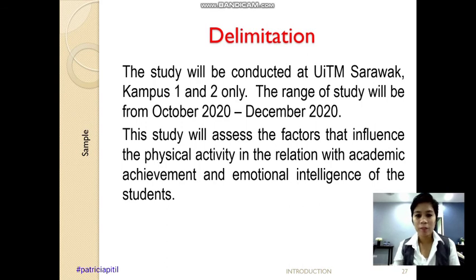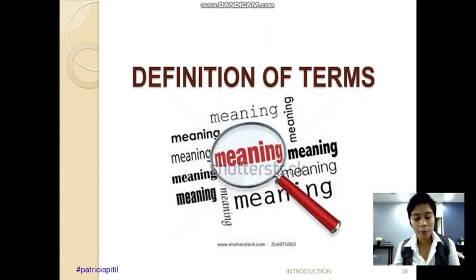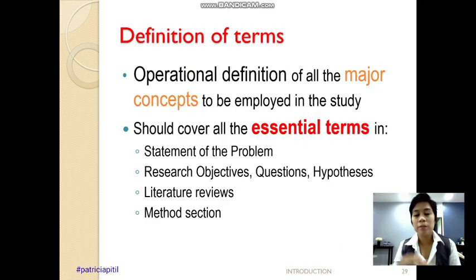Okay, right? So last in chapter 1, definition of terms. There are many terms that you're going to use back and forth, so you have to define them in operational terms. You will keep meeting the same terms in chapter 1, 2, 3, 4, 5. The terms are a problem segment in your literature review, in your method, in your questions and objectives.